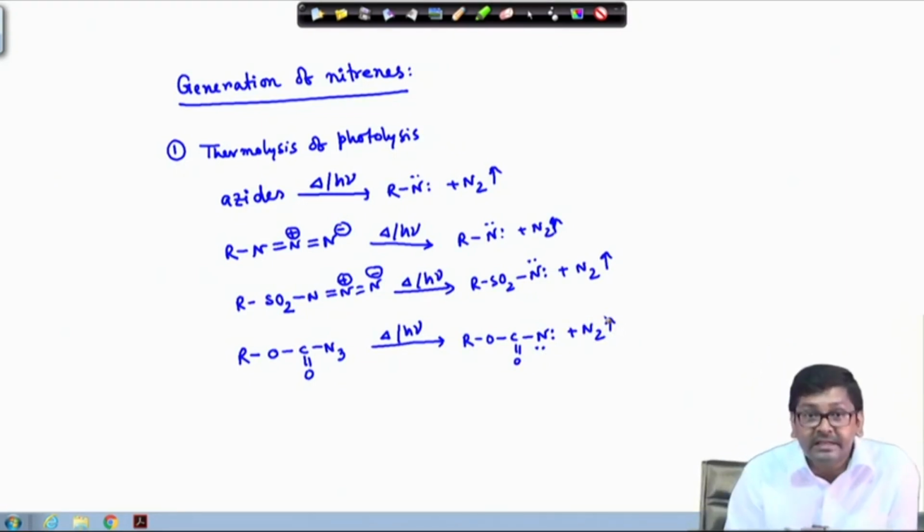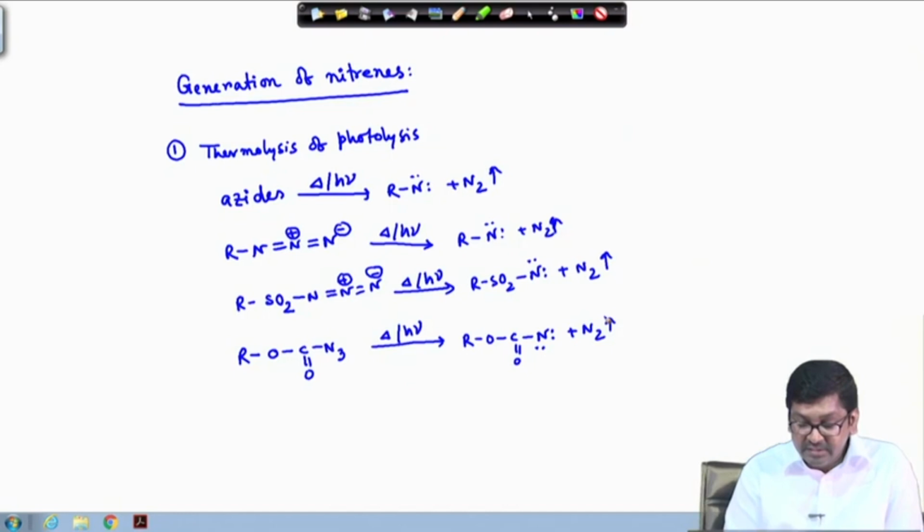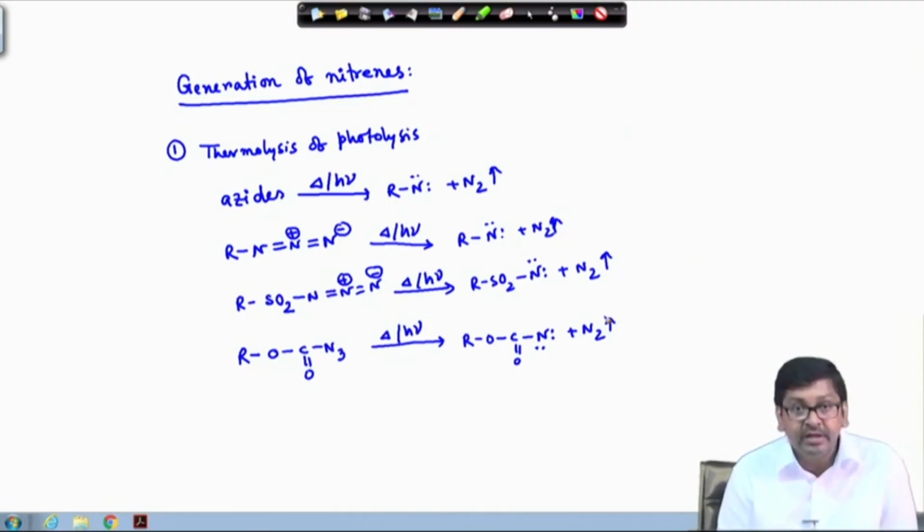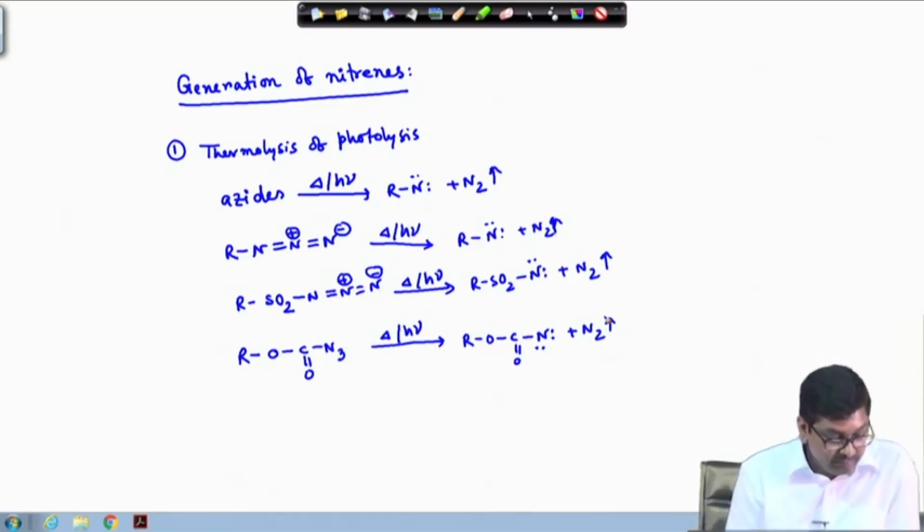So, in all these cases we can generate the required nitrene as a reactive intermediate through thermal or photochemical irradiation. And these are all very short lived species which are very much reactive.